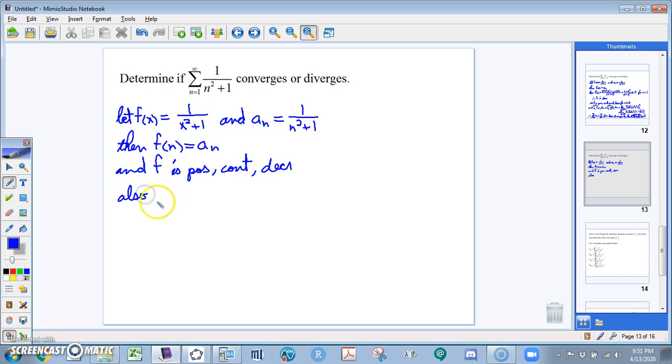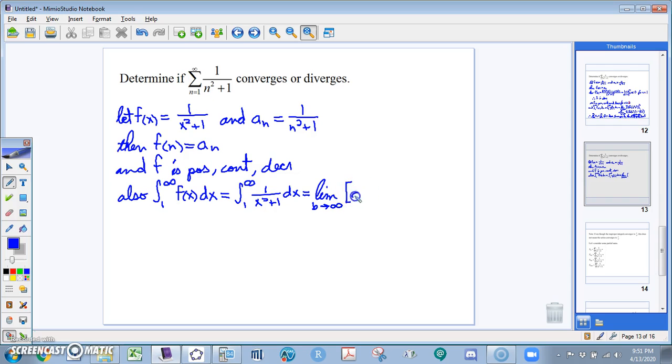Also, then, I'm going to look at the definite integral from 1 to infinity, the improper integral of f of x dx. That means the improper integral of 1 divided by x squared plus 1 dx, which is found by doing the limit as b goes to infinity of the antiderivative at the endpoints of 1 and b.